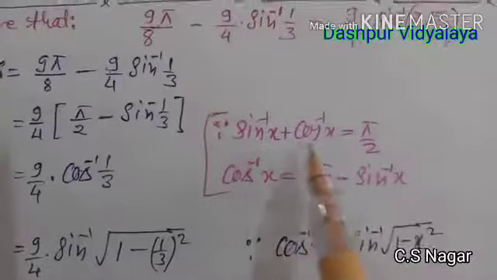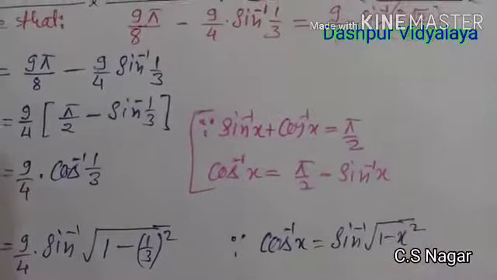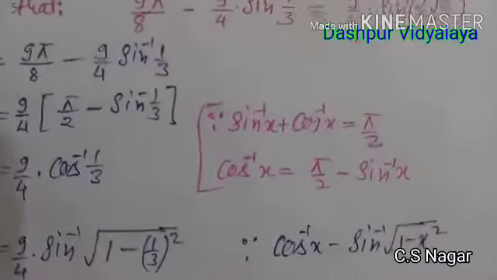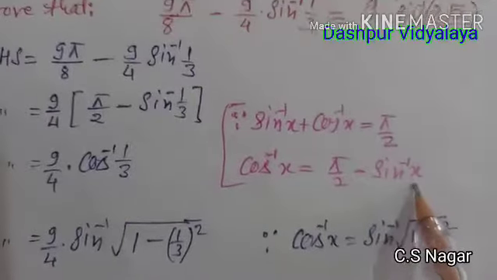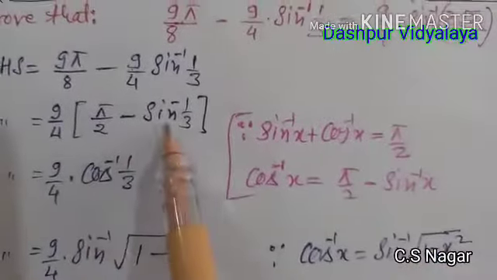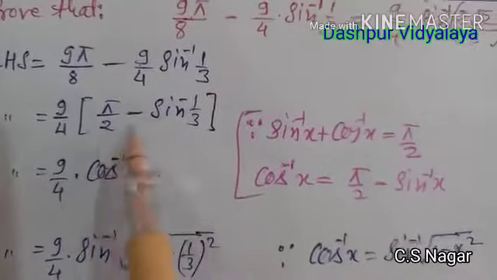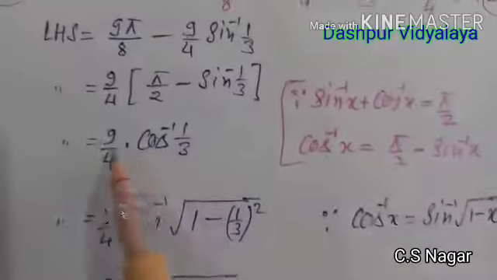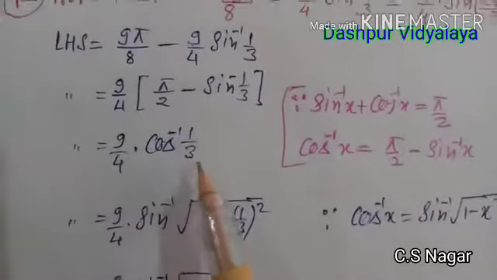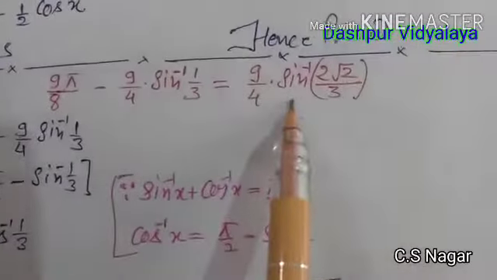Since we know that sin inverse x plus cos inverse x is pi by 2, so cos inverse x is equal to pi by 2 minus sin inverse x. So in place of pi by 2 minus sin inverse x write cos inverse x. Here x is 1 by 3.